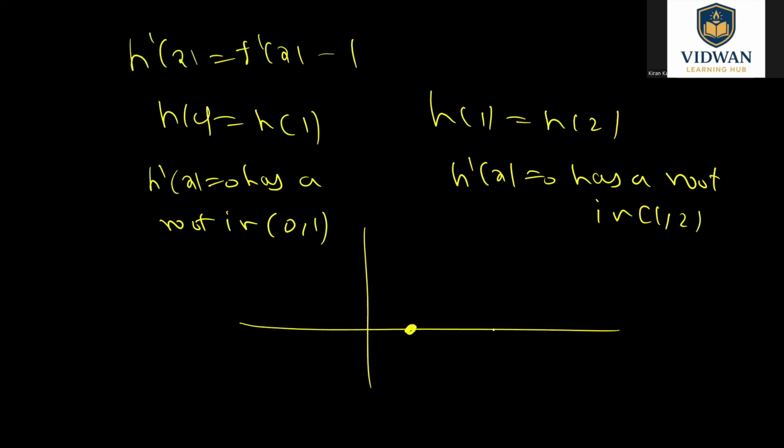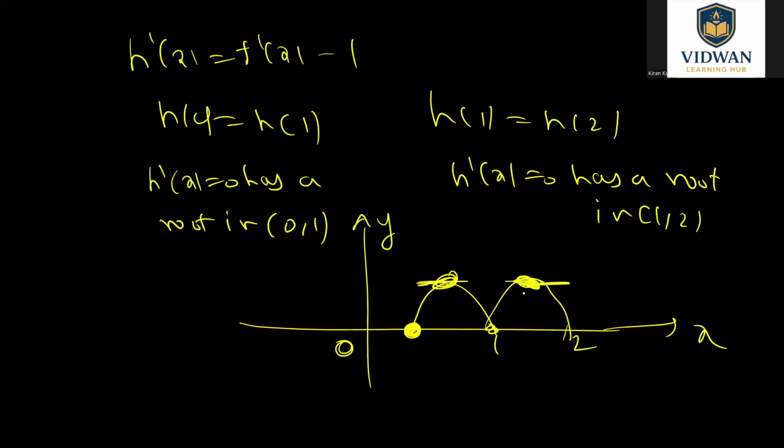Then what can you say about the double derivative? If I mark 0, 1, 2 here. So if h of 0 and h of 1 are 0, what does it mean? Between these two, the function will have one root. Between 1 and 2, it will have some root. It's a random graph, not an accurate graph. So h dash x is 0, once here and once here.